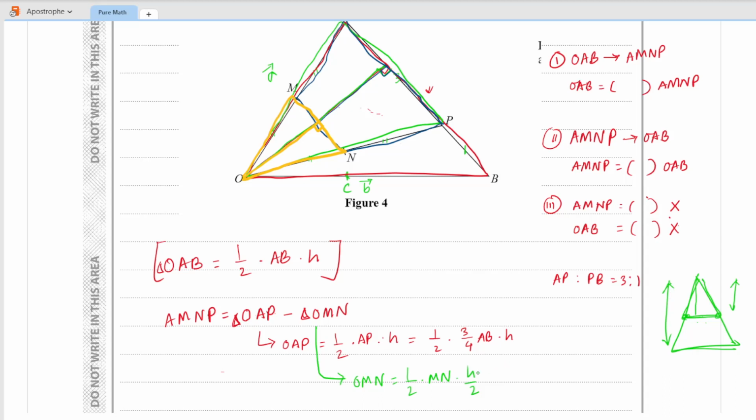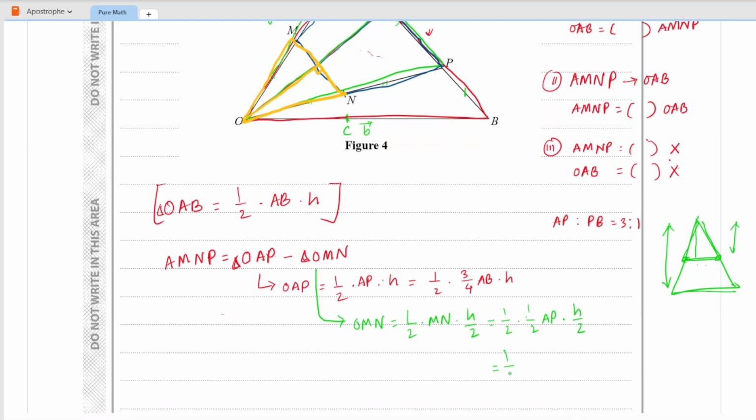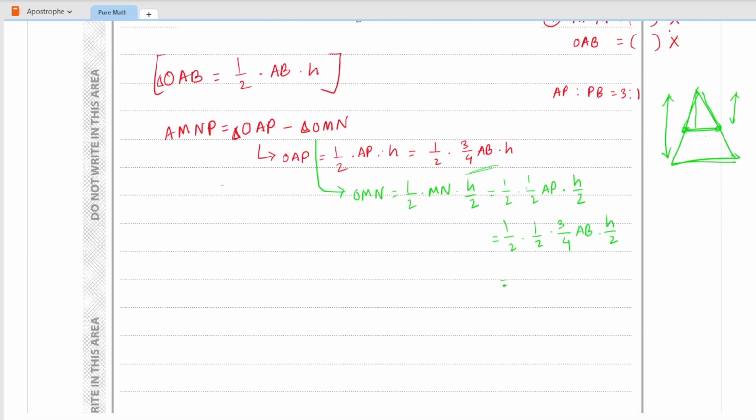Okay, so now what is MN? MN is basically half of AP, half of AP into H/2. Now what is AP? AP is 3/4 AB right here, 3/4 AB H/2. We will get back to this. Okay, let's just leave some space here. You guys will see why.